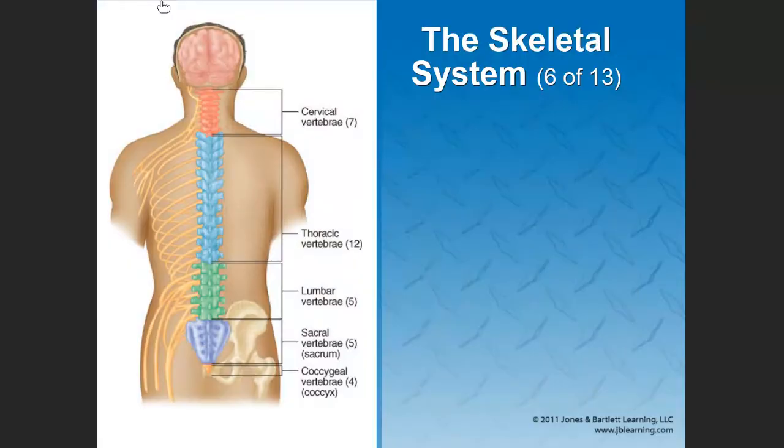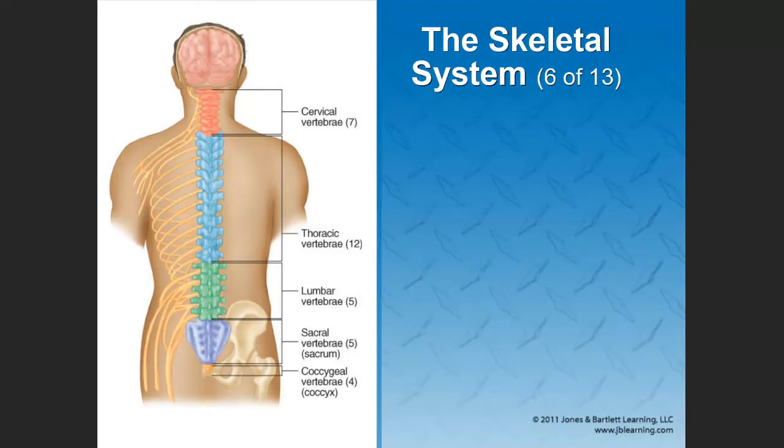And each of these sections have a certain amount of vertebrae. So there are 7 cervical vertebrae, 12 thoracic, 5 lumbar, 5 sacral, which are fused, sacrum, and you have 4 coccygeal, which are fused and form the coccyx.